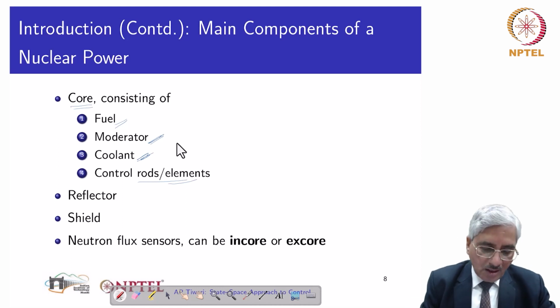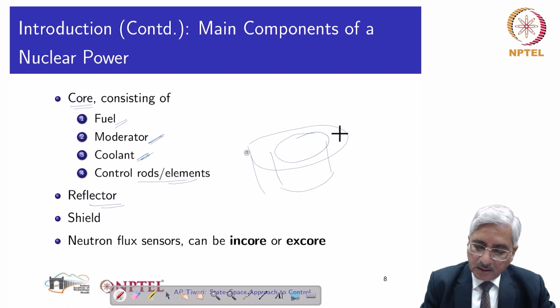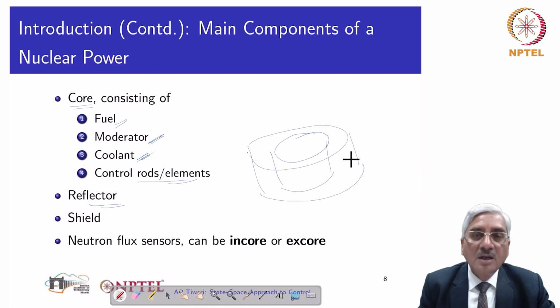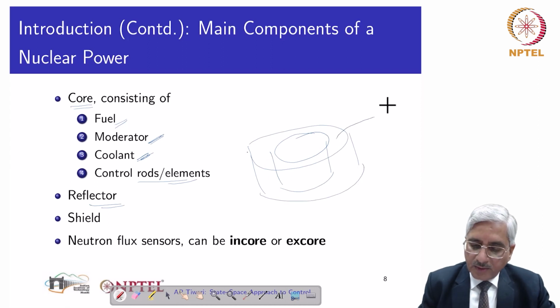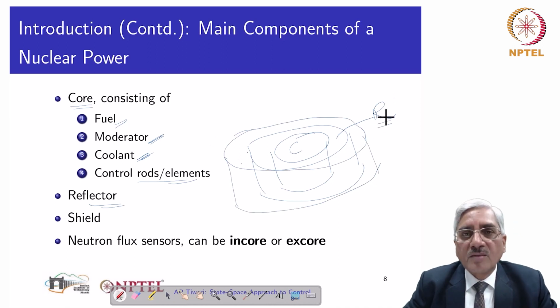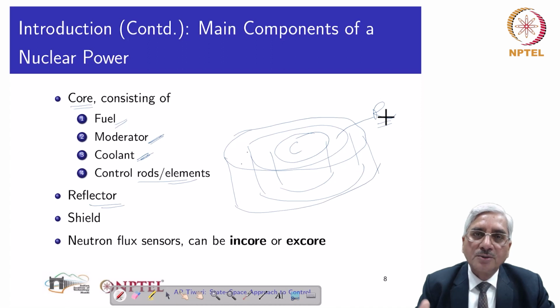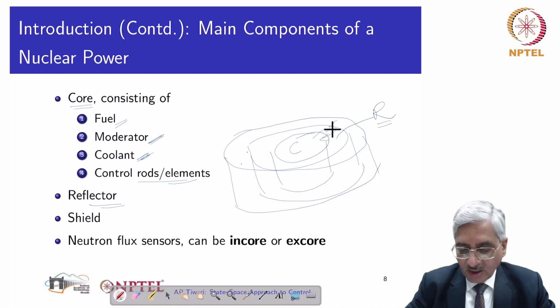Besides these, there is the reflector. The core is surrounded by the reflector, and it is further surrounded by the shield. The reflector's job is to send back neutrons which would have otherwise leaked out. From the core, neutrons try to go out and the reflector sends them back.